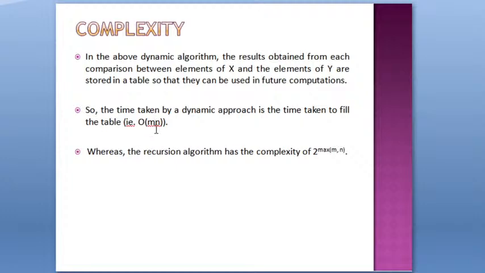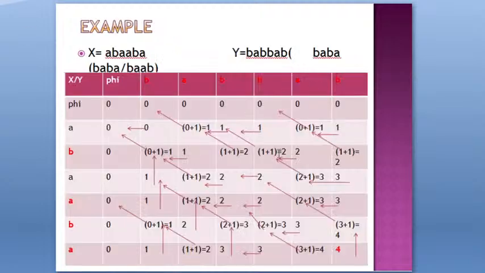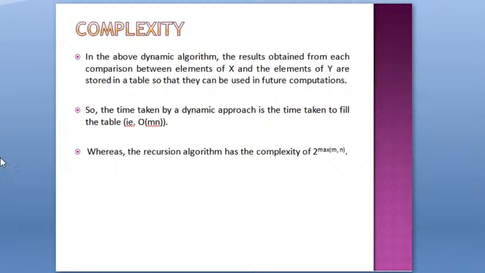You are comparing between two strings and you are making the table where the first value represents its rows and the second value represents its columns, right? So m into n means you are comparing each and every row with each and every column, right? That is the reason why, while using dynamic programming, using this formula and these tables, the overall complexity will be nothing but mn.